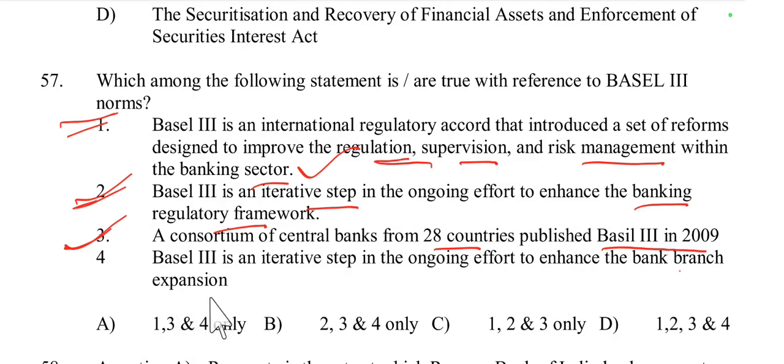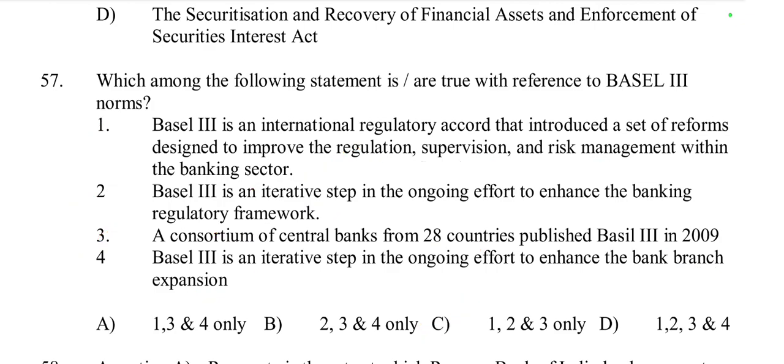No, it is not related with bank branch expansion because it is focused on strengthening bank capital requirements, improving risk management, enhancing liquidity. So option 4 is incorrect. So 1, 2, 3 are correct, option number C, only 1, 2, 3.